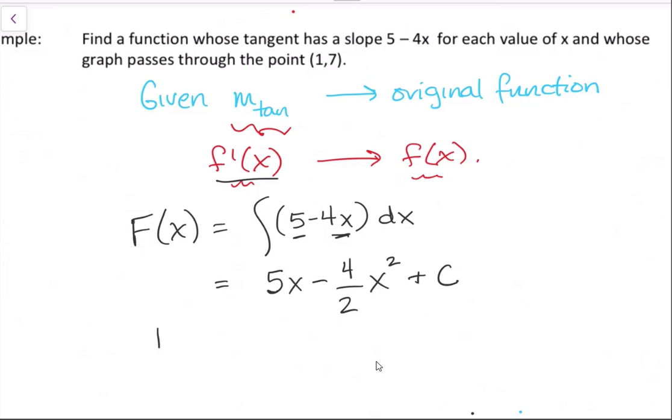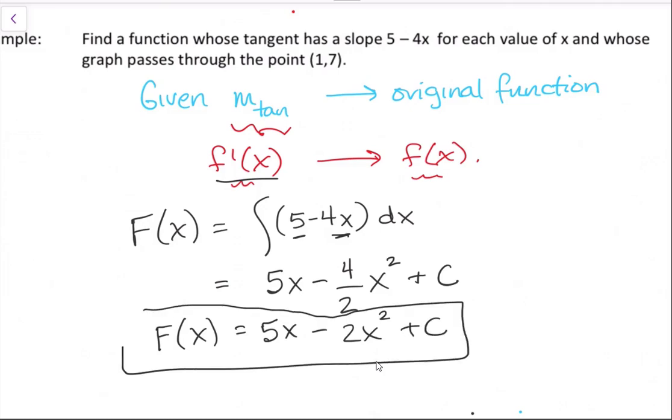So we have our function right now as 5x minus 2x squared plus c. You should always be able to get to this point for your function. That's your whole family of functions. But we want to get real specific. We don't want that constant to be a generic constant. We want to know exactly what that c equals.